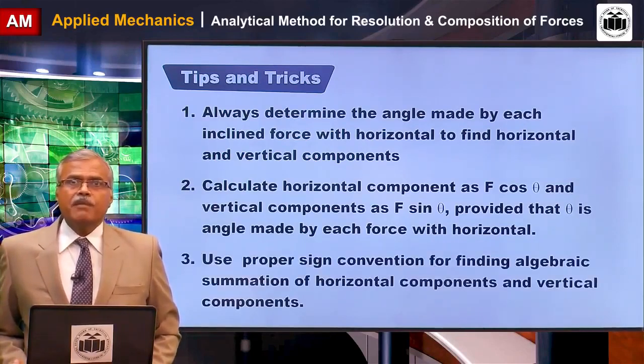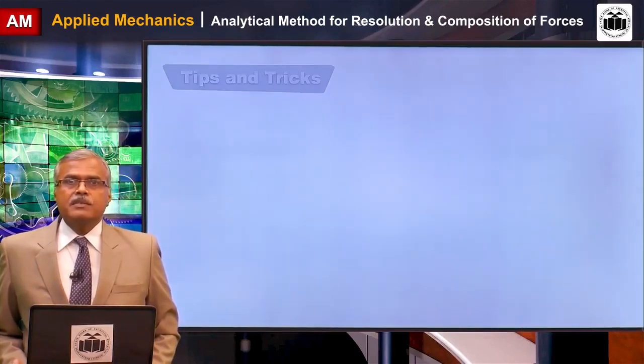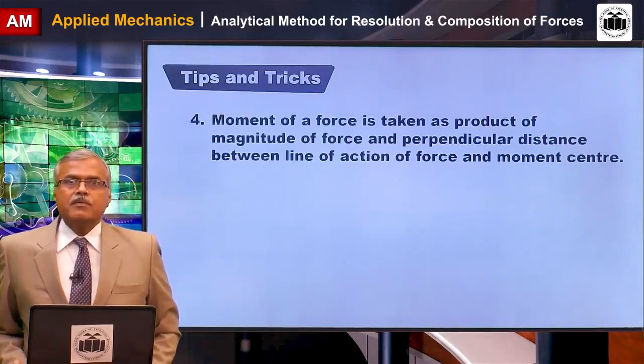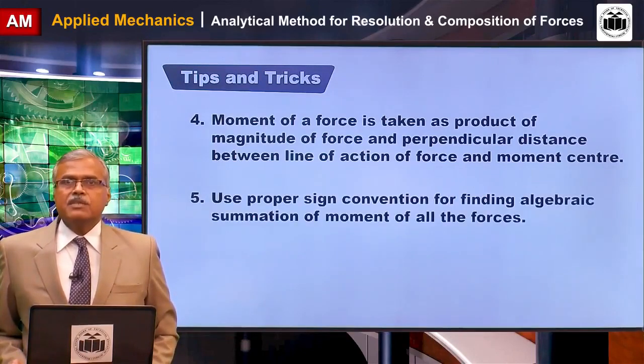Use proper convention for finding the algebraic sum of horizontal and vertical components. Then the moment of a force is always taken as the product of the force and the perpendicular distance between the line of action of the force and the point of rotation. Use proper sign convention for determining the algebraic sum of moments of all the forces.